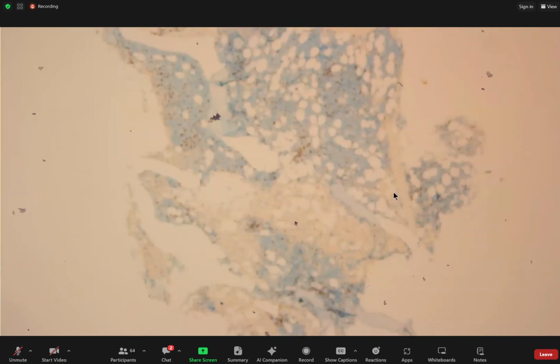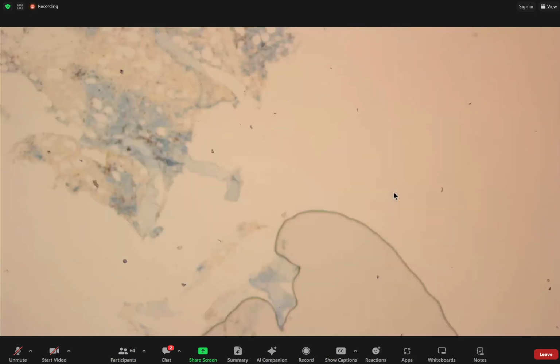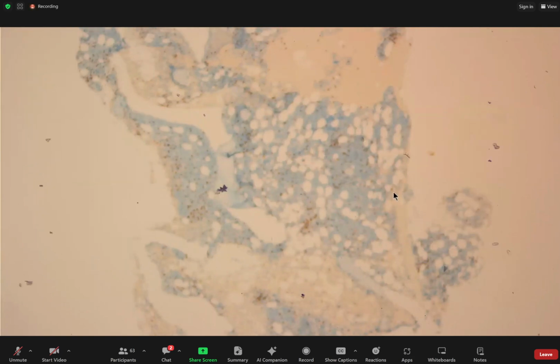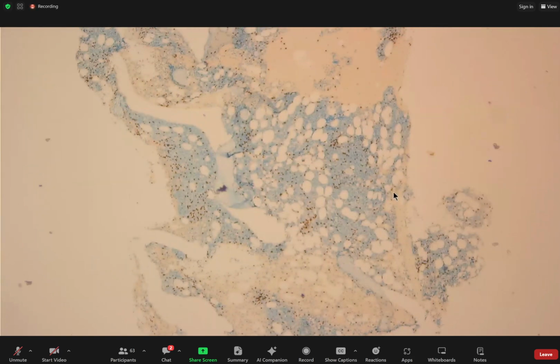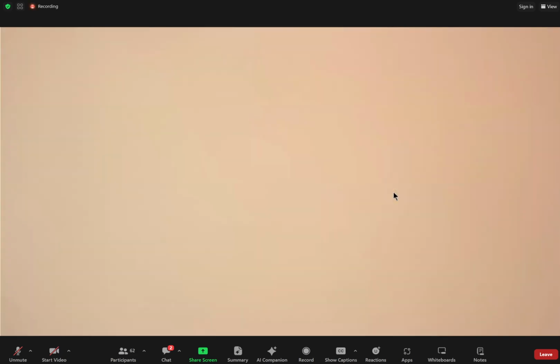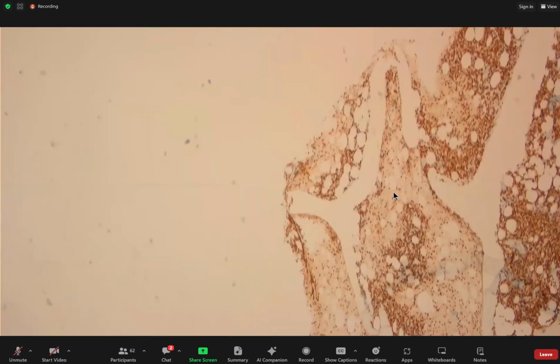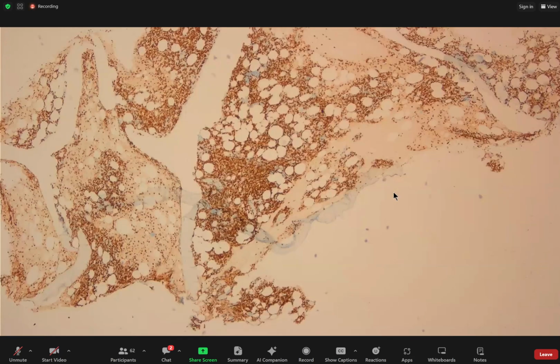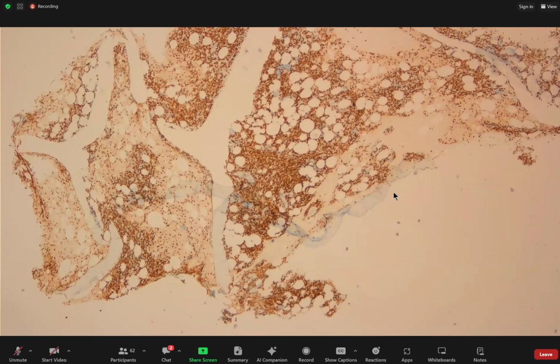For the T cell marker CD3, basically the CD3 population are scattered. And the CD79A positive cells are diffusely infiltrating the marrow.